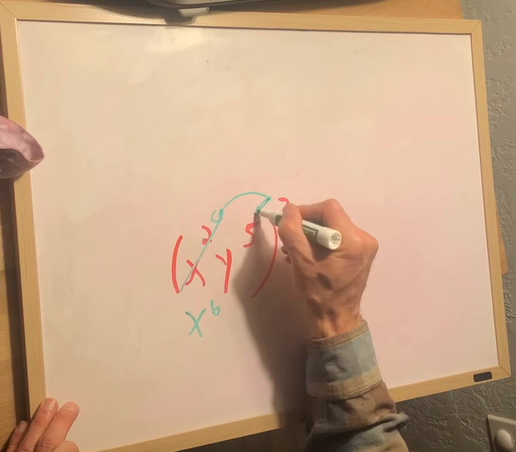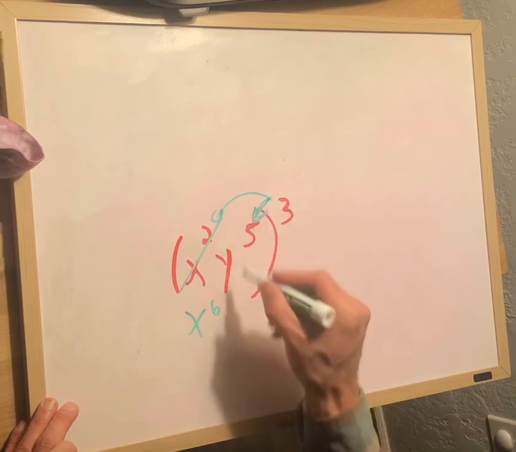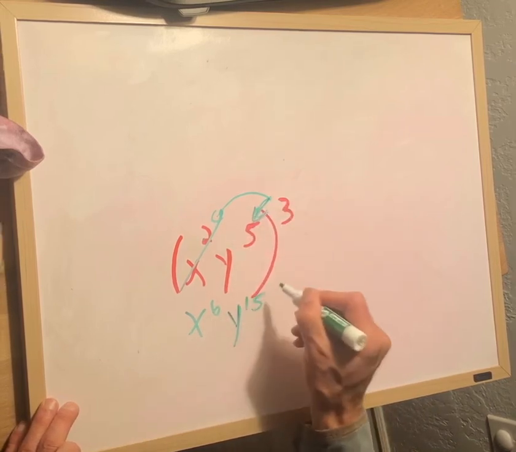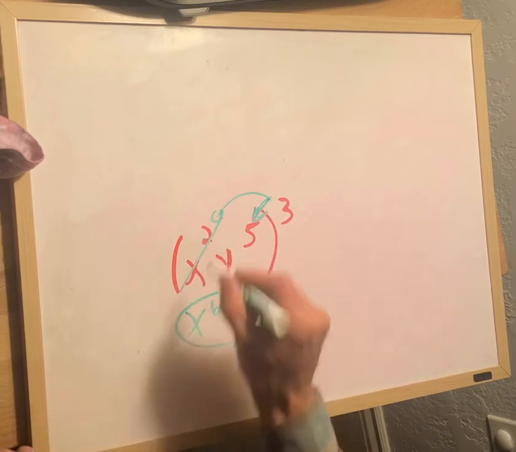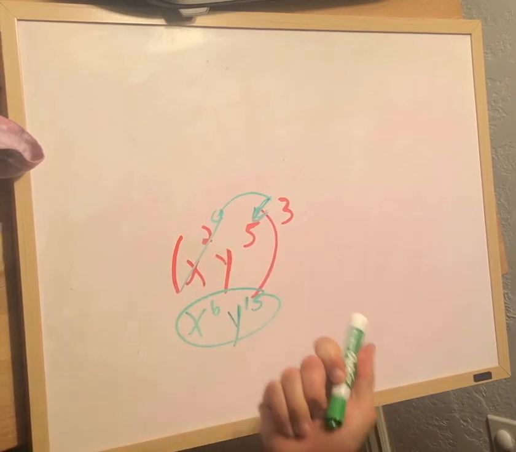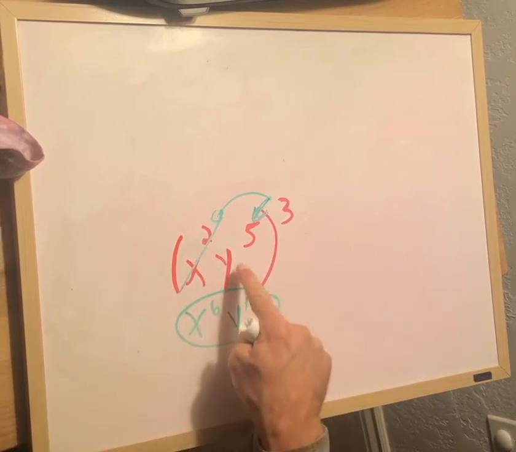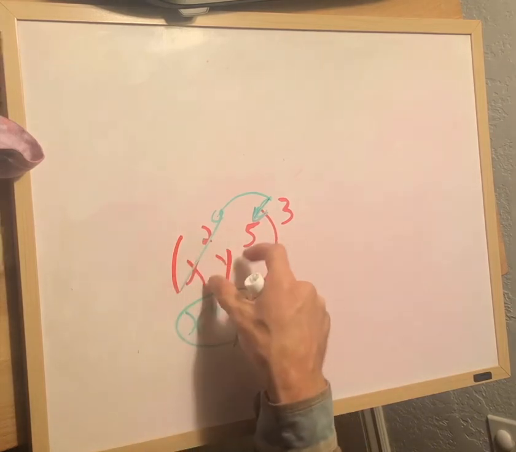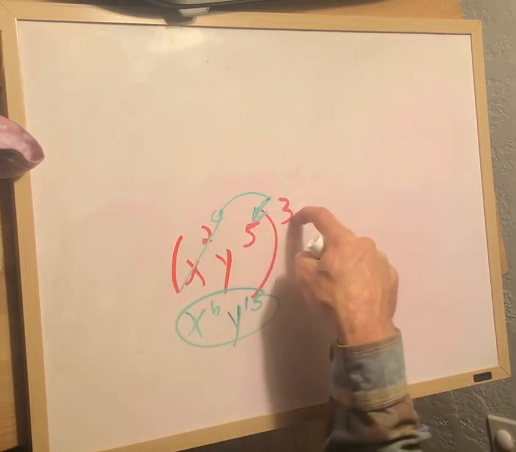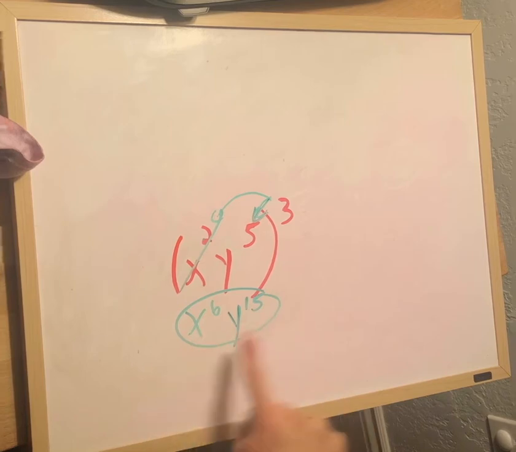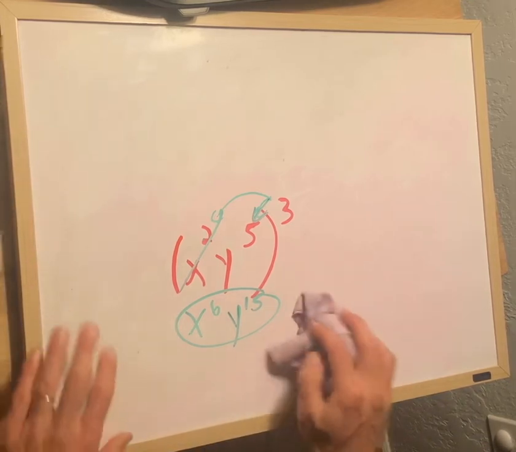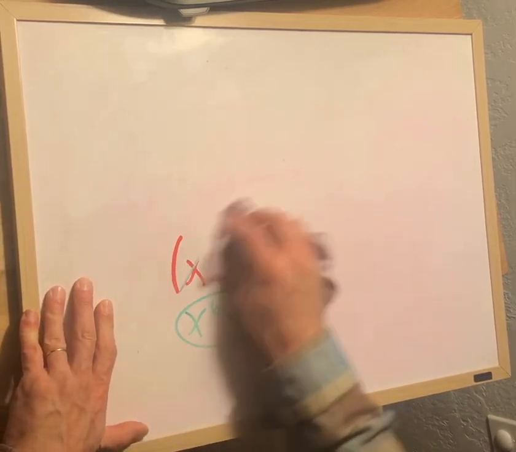I have to distribute this 3 to the 5. 5 times 3 is 15. This is the simplified version of this. So if you were to take, let's say, x equals 2, y equals 3, if you plug this in and do the math, to get this one number and cube it, you're going to get the exact same thing as doing this equation, or this in green right here. Same exact thing, it's going to give you the exact same values.